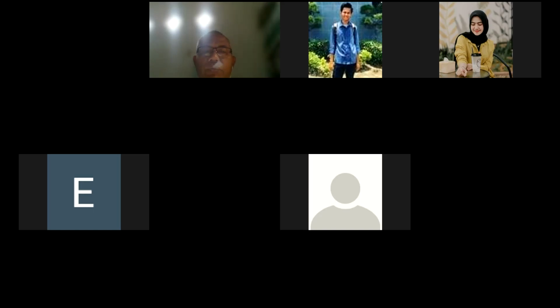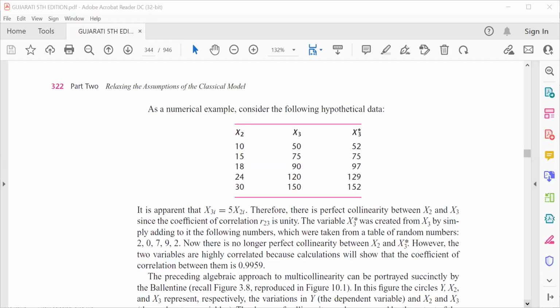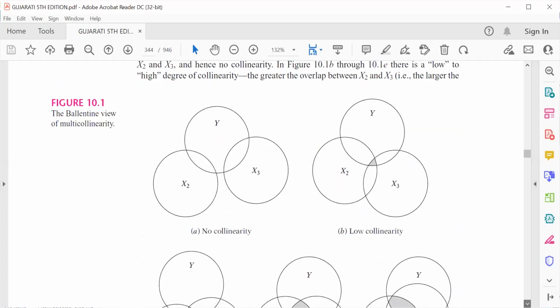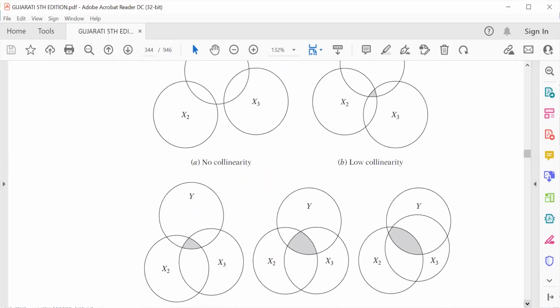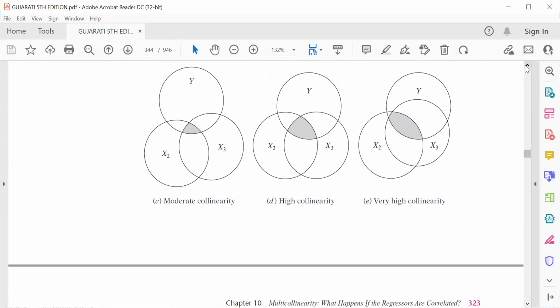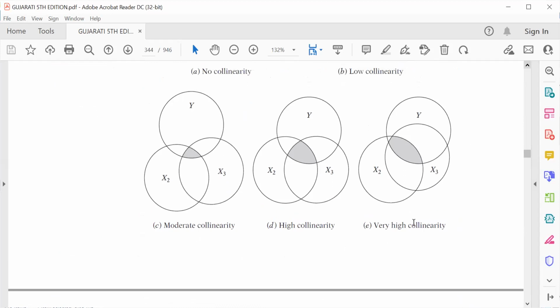We continue with multicollinearity. This is a sample showing the degree of multicollinearity. This one is very high because X2 and X3 are almost equal.